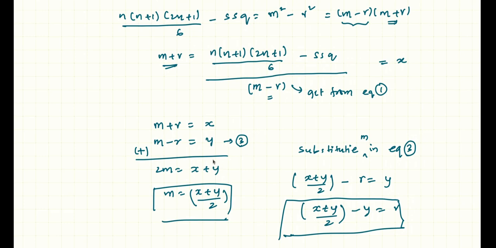X can be identified as the sum of the first n squares minus the sum of the squares, divided by the y value, right?